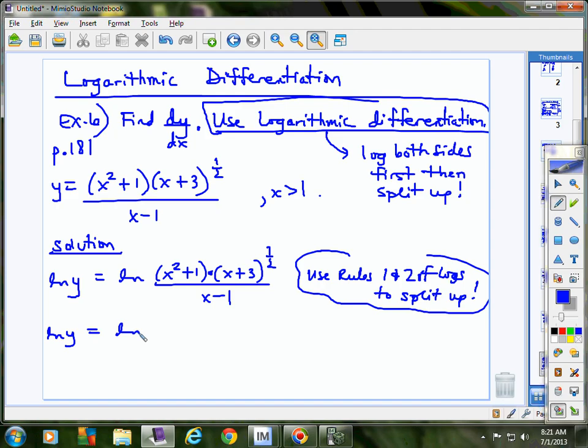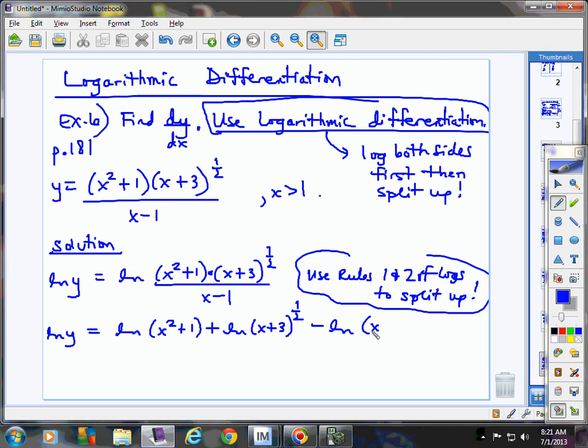Add, right. ln of the first factor plus ln of the second factor. And we got some divided stuff, so we have to subtract, minus ln of the bottom. If we had some more stuff on bottom, we'd say minus another ln, wouldn't we? Minus another one, minus another one. If we had 4 or 5 factors on bottom, minus log of every one of them.